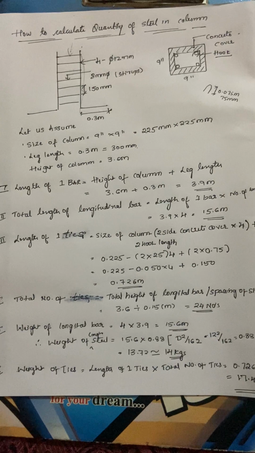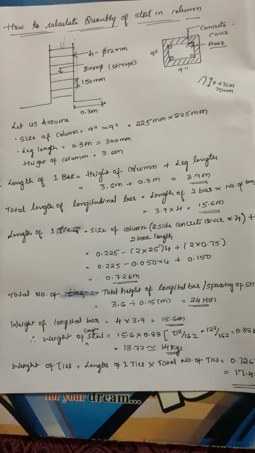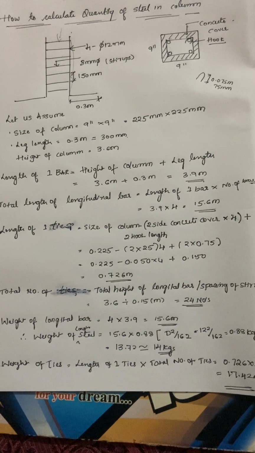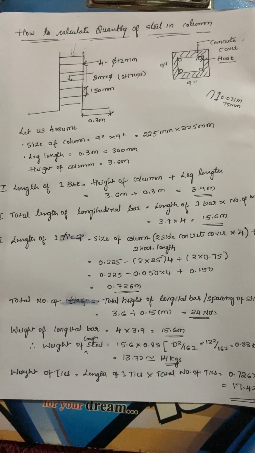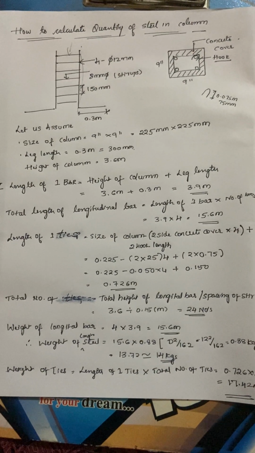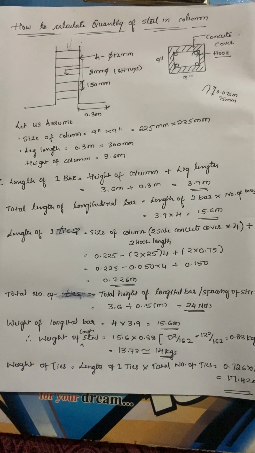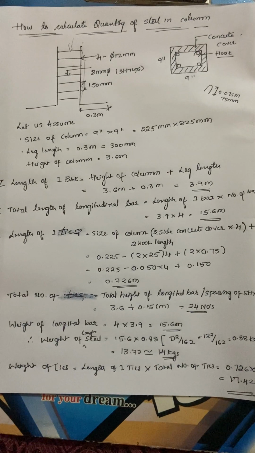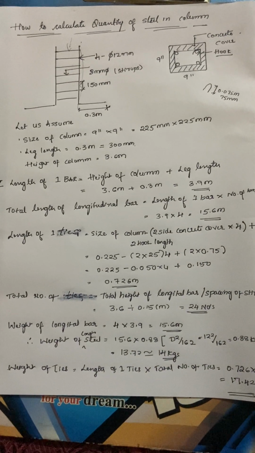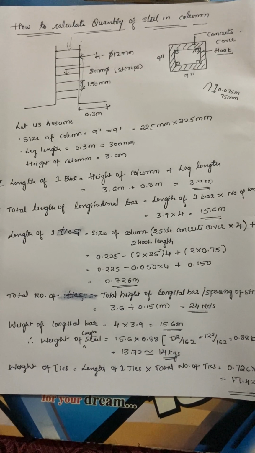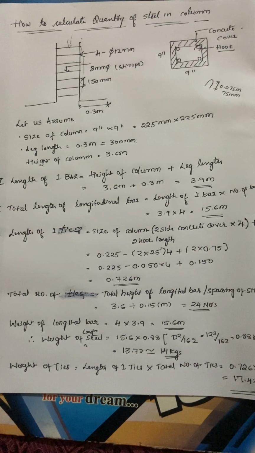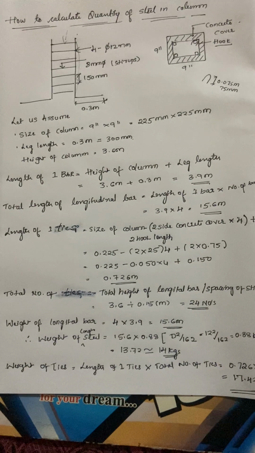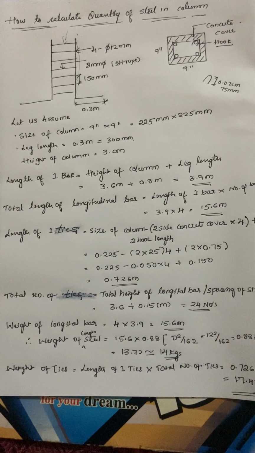Okay, so when we plan any structure, it is very much required that we plan the quantity of steel that is required while calculating the column. So what I'll do is, I have taken one example, that is one single column. Depending upon that, you can calculate the weight of steel for all the columns.